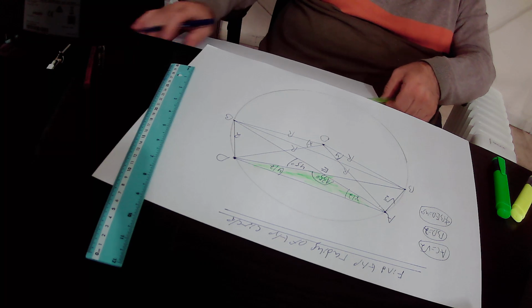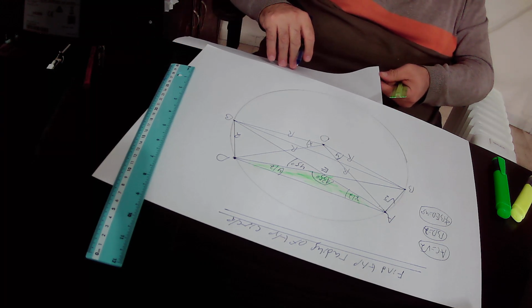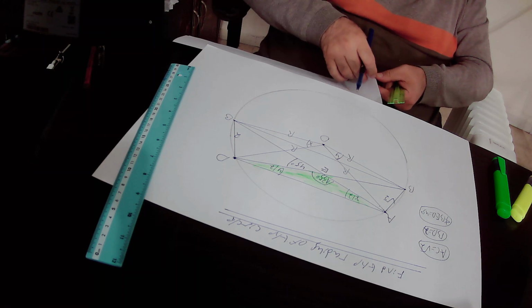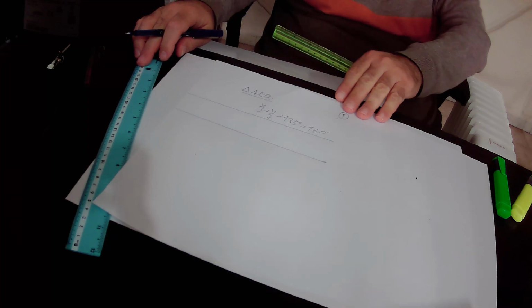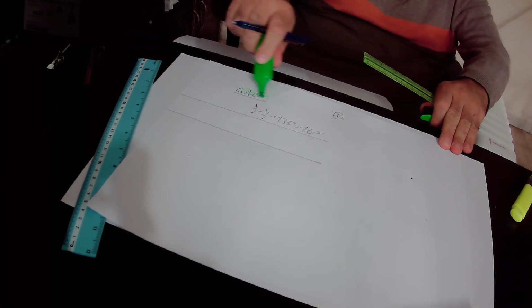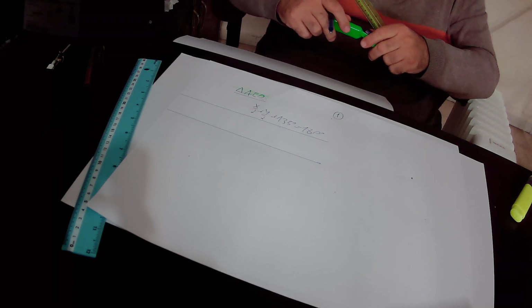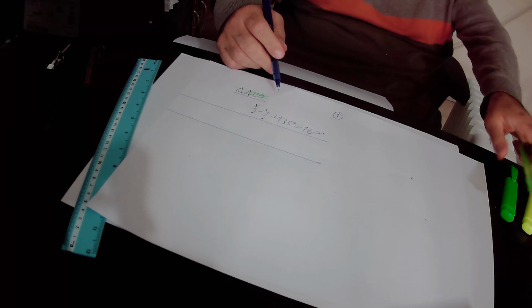Repeat again. In the green triangle AED, the sum of the angles must be equal to 180 degrees, that is to say x over 2 plus y over 2 plus 135 degrees equals 180 degrees.